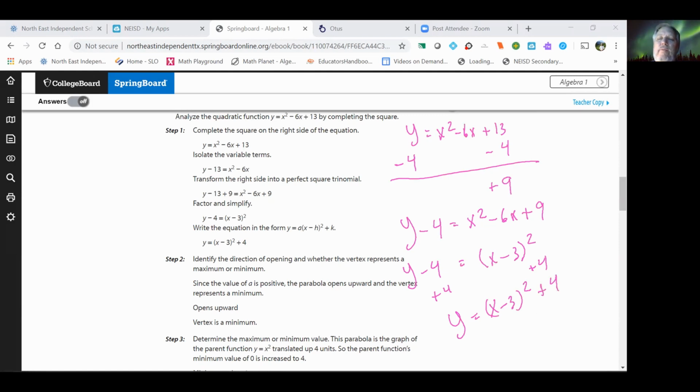And if you remember, that's in vertex form. We can pull the vertex out by looking at the vertex with these two numbers here. The vertex is going to be positive 3, positive 4. And that'll help us determine the minimum value or the maximum value based on a. In this case, a is equal to positive 1. So therefore, it has a minimum value of 4.